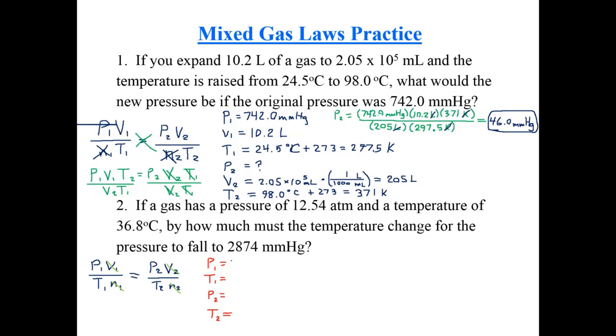So what's the initial pressure? What's the P1 here? 12.54 atm. And what's the initial temperature? 309.95 Kelvin.